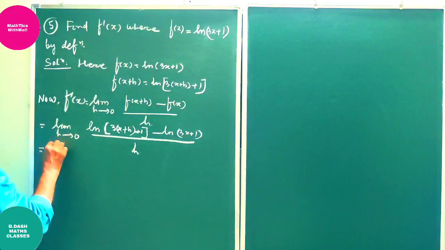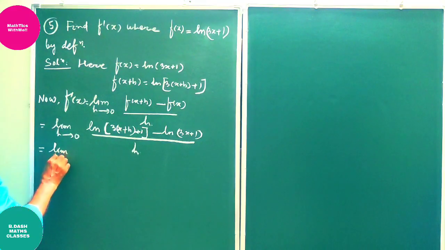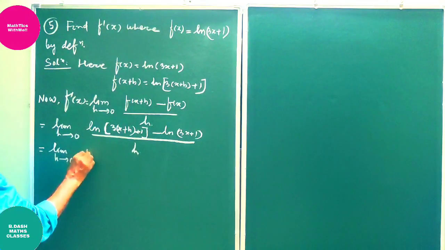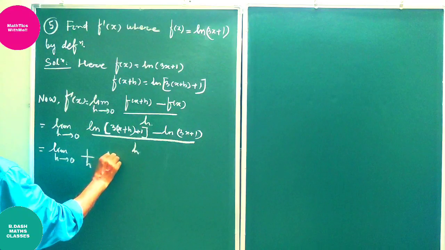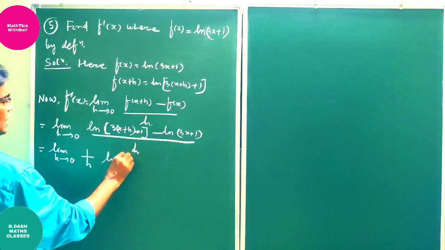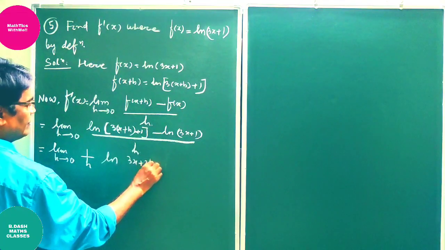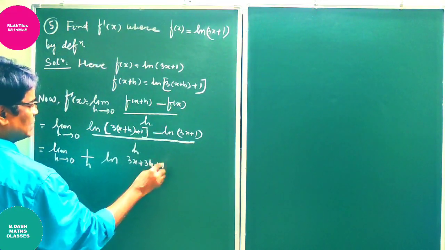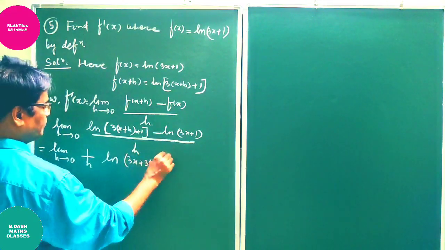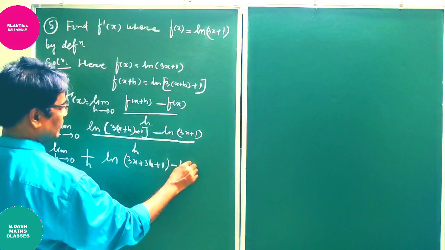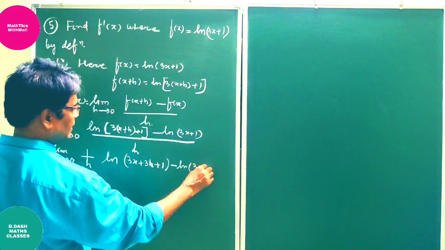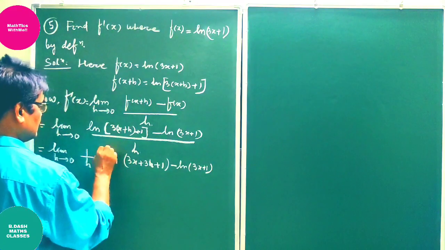So this is equal to limit h tending to 0 of 1 by h times ln of 3x plus 3h plus 1 minus ln of 3x plus 1.